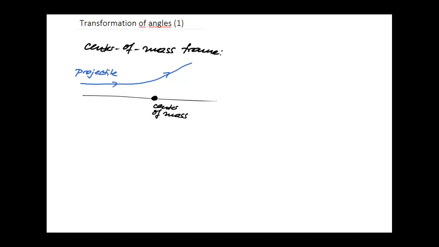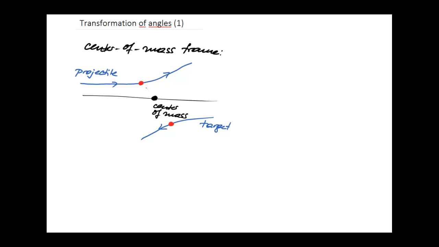So the target will also perform a motion, it will move on some trajectory, and let's say this here is the trajectory of the target as seen in the center of mass frame. Let's say at some point t the projectile is here and the target is here.